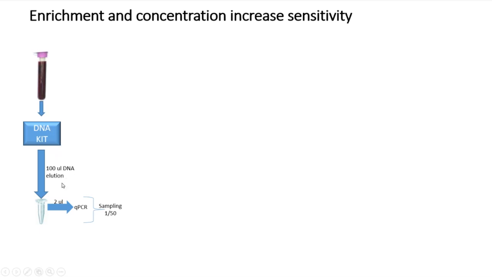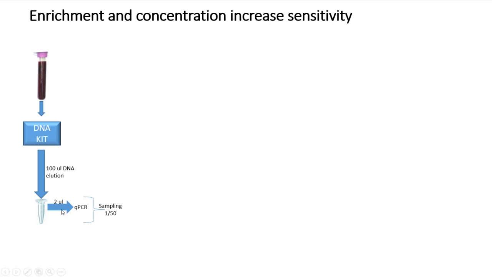And now you might elute in something like 100, 200 microliters. But anyone who's worked with blood DNA knows that it's difficult to put a lot of blood DNA into a qPCR reaction. You tend to get inhibition. And so you can really only put a couple microliters in, and then you start to decrease your signal.